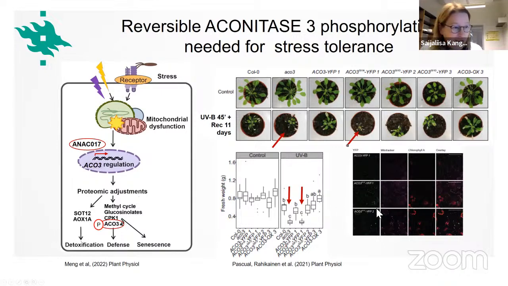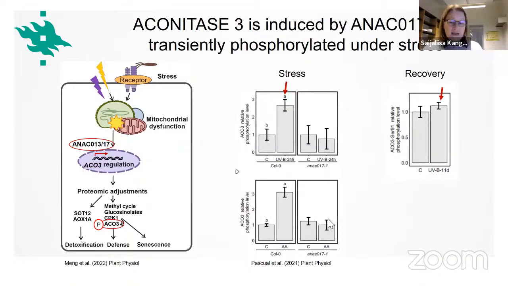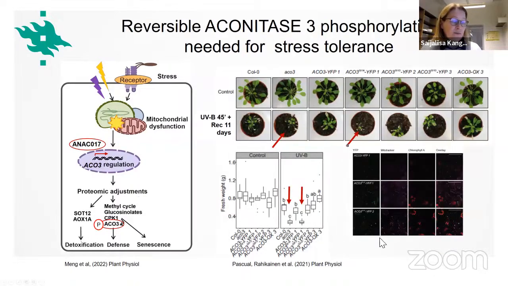And this picture is very small, but you just have to take my word that all these constructs were targeted into mitochondria. So we are looking at something that is taking place inside plant mitochondria. And yeah, so here we were wondering about this phosphomimetic version.